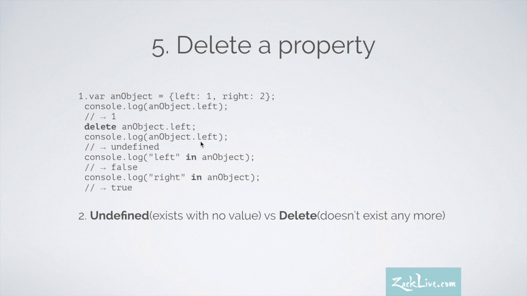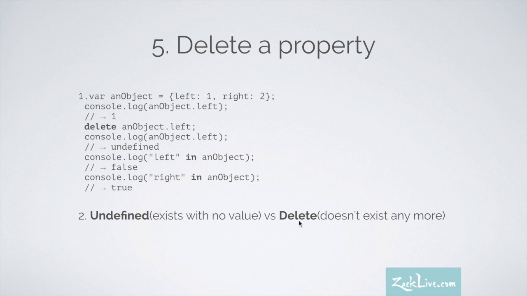We can also assign the property to be undefined, which means we give the property a value of undefined. The difference between assigning undefined and using delete is that when you assign undefined to a property, the property still exists, but it has a value of undefined.